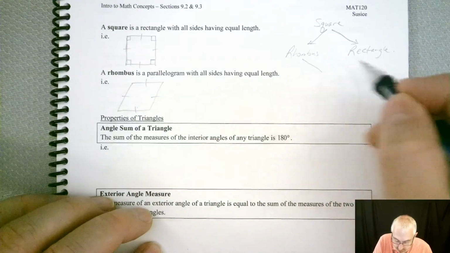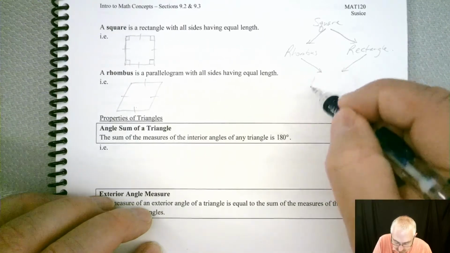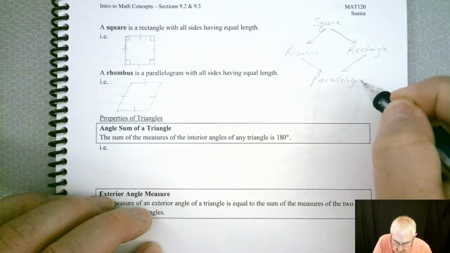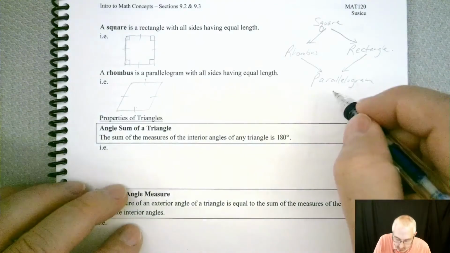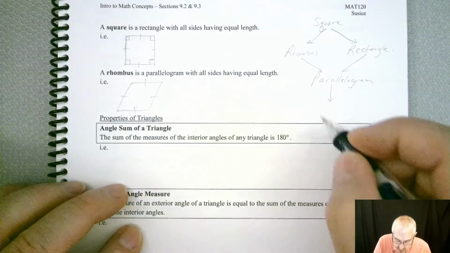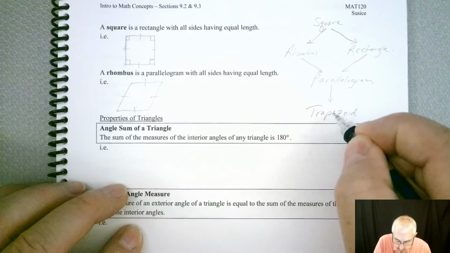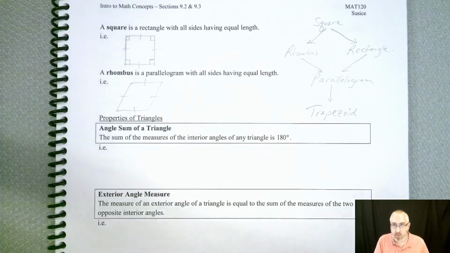And what's below it comes back together, and that's the parallelogram. So the parallelogram is below that, and then below the parallelogram is the trapezoid, which is the least specific out of those different specific quadrilaterals.